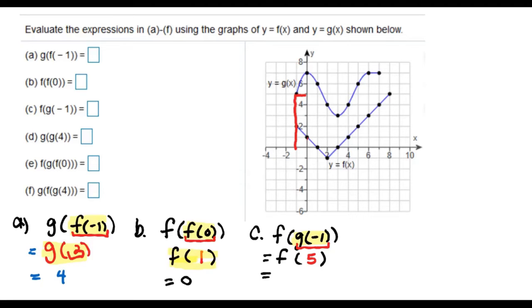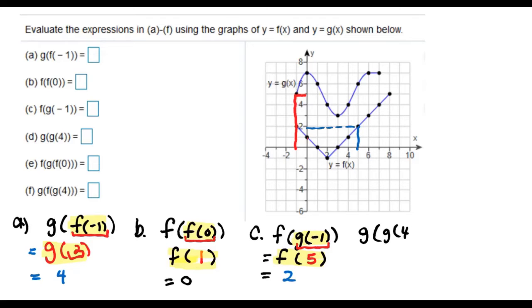Now I want to find f of 5. Here's where x is 5. I'm going up to the graph of f, and the y value there is 2. So f of g of -1 is 2. Let's try the next one.